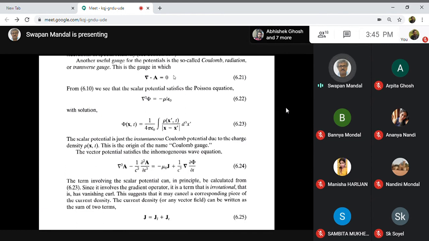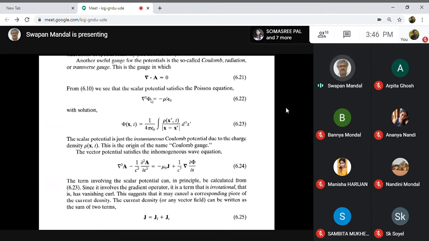Del square phi equal to minus rho by epsilon 0. This equation is very simple. It looks like a Poisson equation, and the solution is straightforward. The solution is phi as a function of x and t equal to this. However, just recall that in the Poisson equation of electrostatics, phi was a function of position alone.